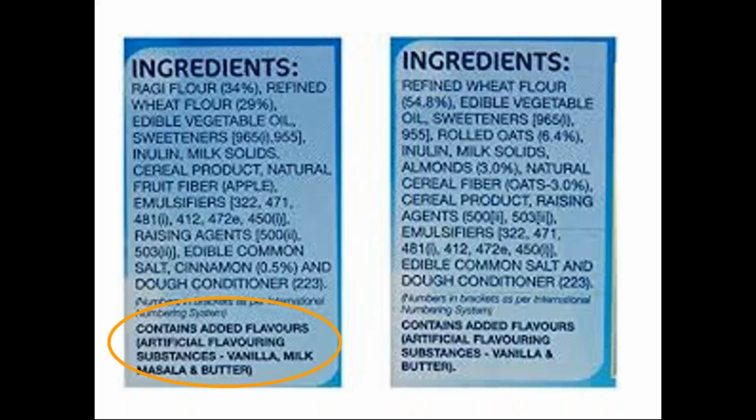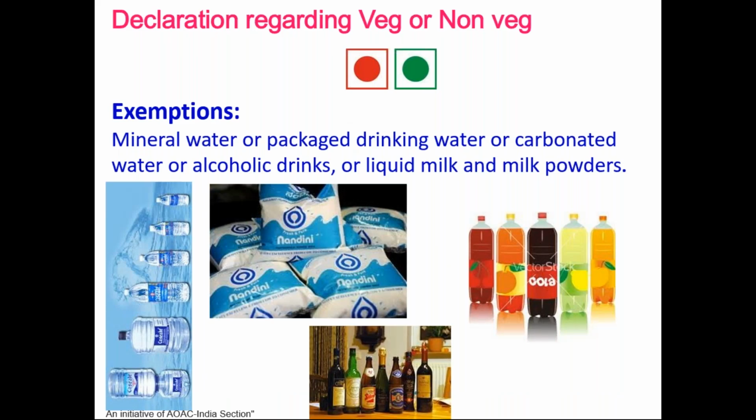So you see these two labels, it says contains added flavors, artificial flavoring substances, vanilla, milk, masala, and butter. So if you put this label, you're complying with the regulation.